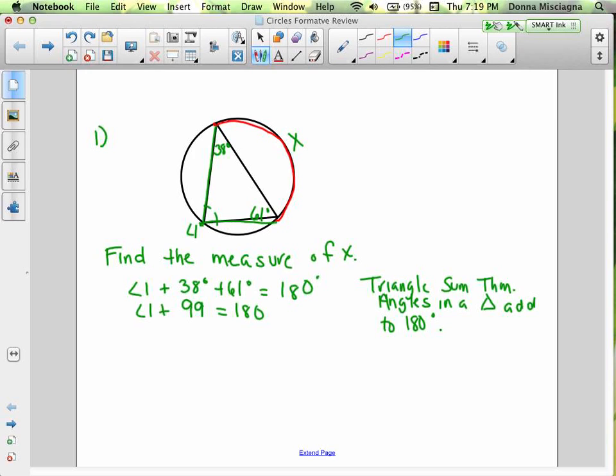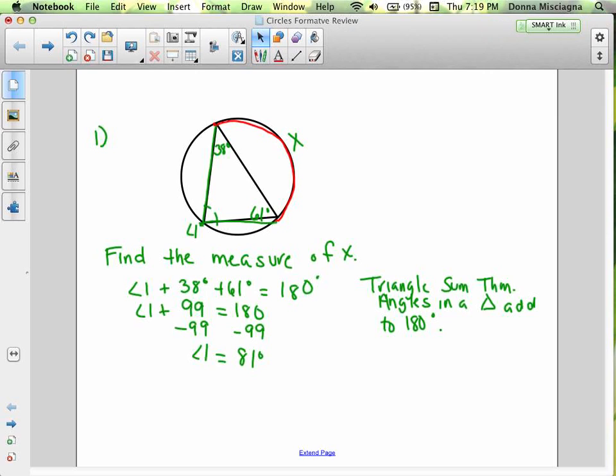All right, so subtract 99 from both sides, and we get that angle 1 is equal to 81 degrees. Right? So 81 degrees is this missing angle.